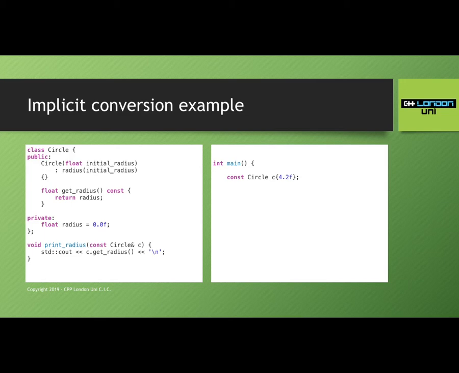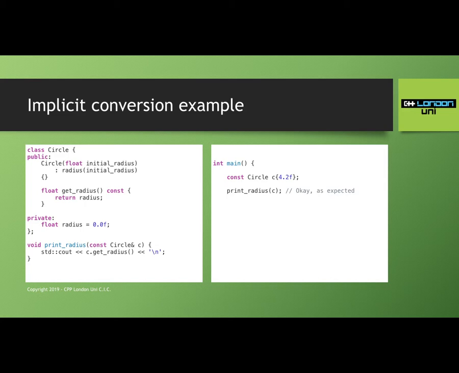But let's have a look at using this print radius function. Well, first of all, we can create a circle, in this case with a radius of 4.2, and we can call print radius using this circle that we've just constructed. And this is going to work exactly as you would hope and exactly as you would expect. This is going to print out 4.2 followed by a new line.